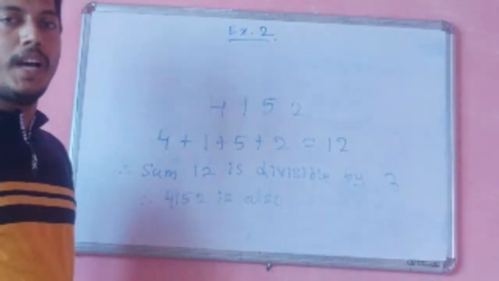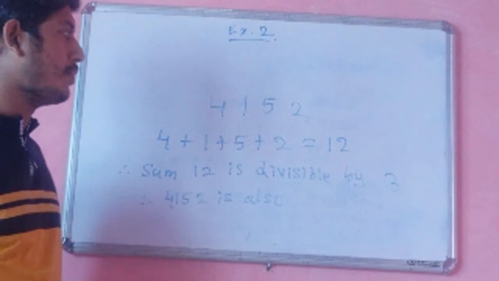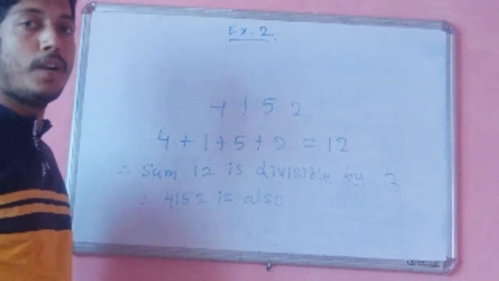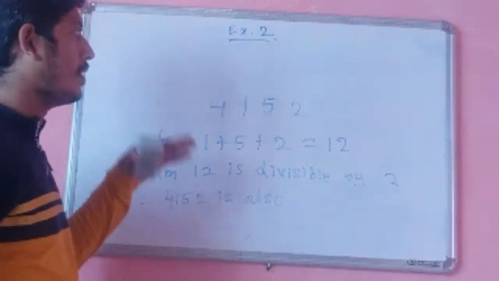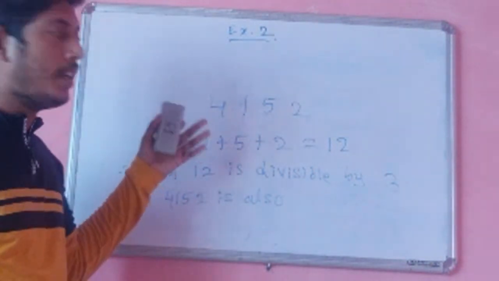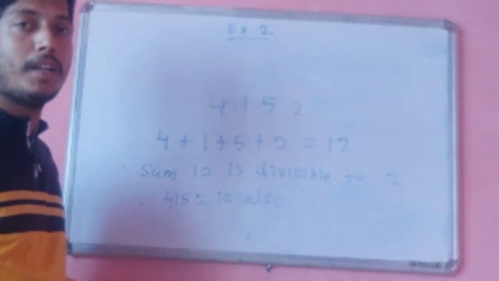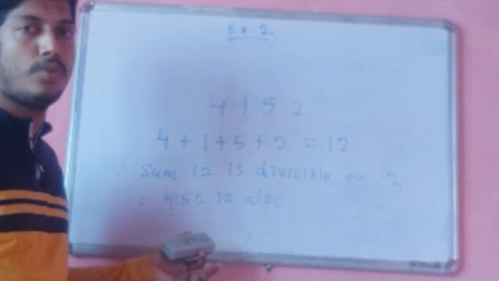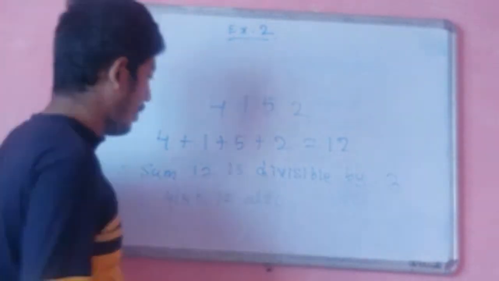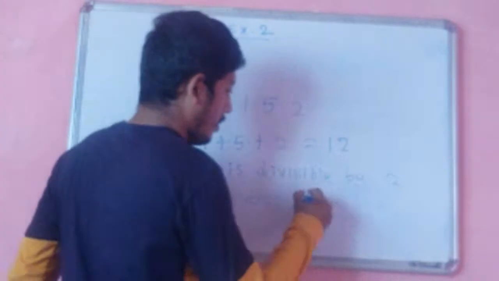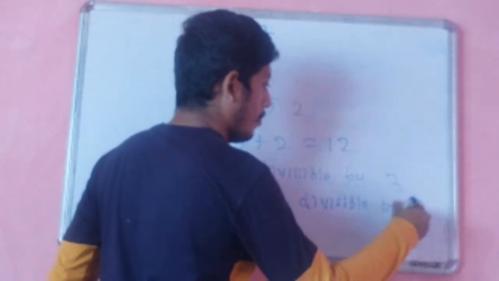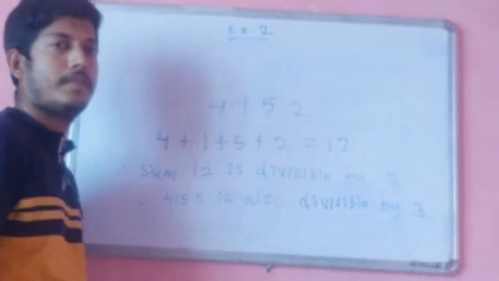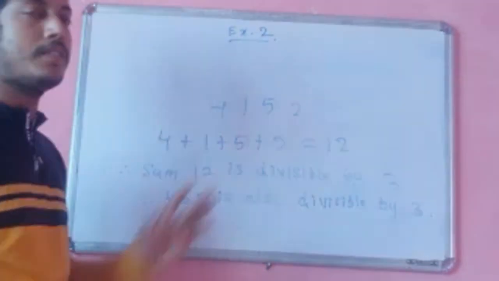So first we have to add all the digit values and then check whether the sum is divisible by 3. If it is divisible by 3, then the whole number is divisible by 3. If the sum is not divisible by 3, then the given number is also not divisible by 3.